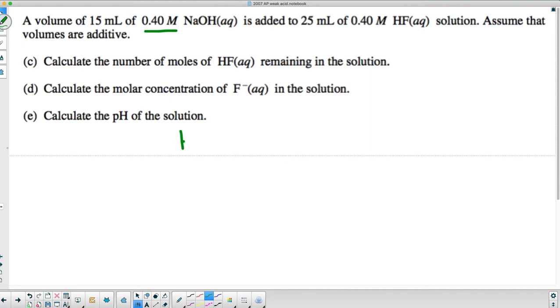It looks something like this: HF plus NaOH goes to water, because it's an acid-base reaction, plus F minus. That would of course be NaF.